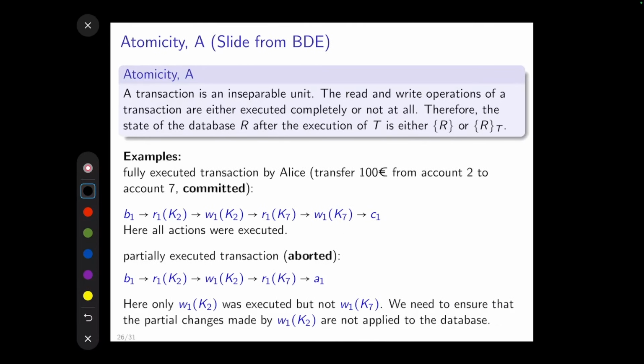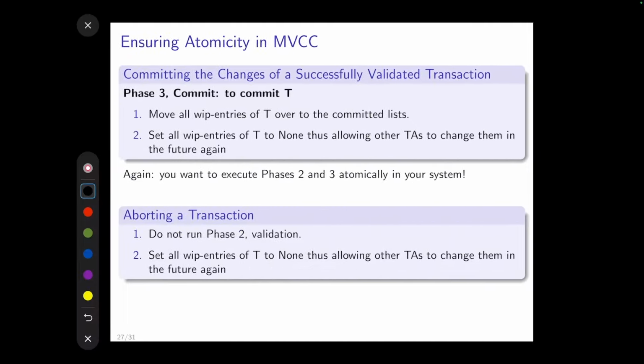Okay, maybe to wrap up a little bit, atomicity, I already explained that, but basically now, once we pass the validation phase, we have to move over the work in progress entries. Here we can't have a half-baked database state, and that's basically the things I showed you already initially.